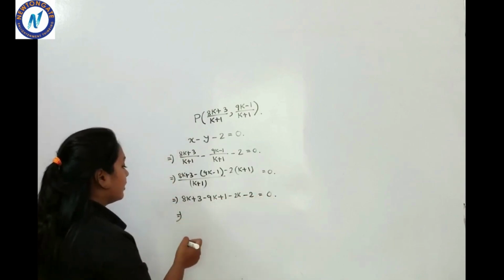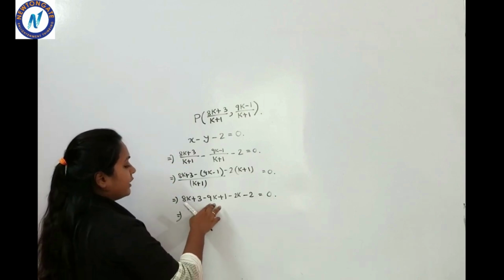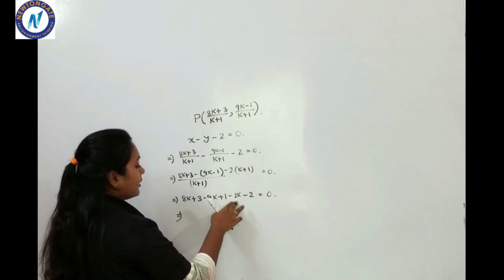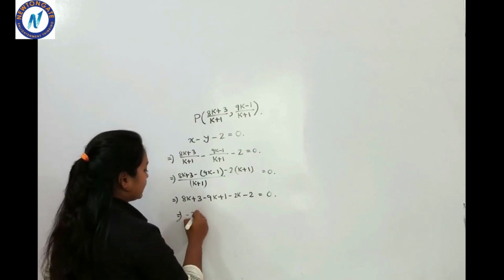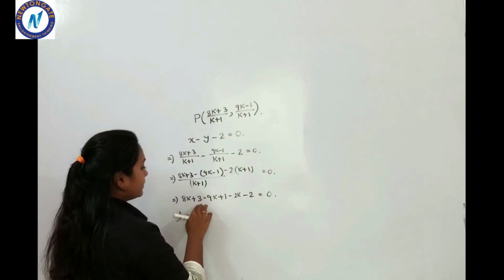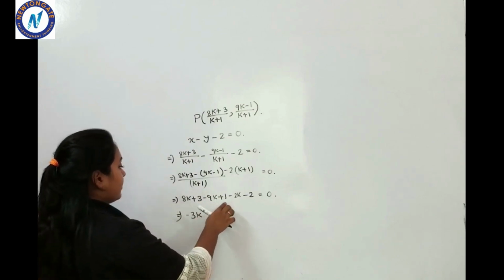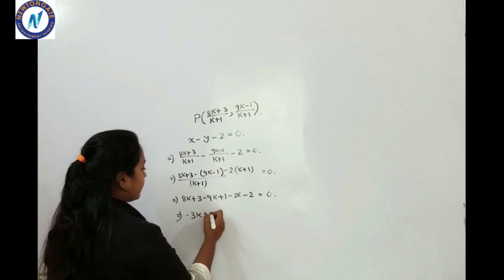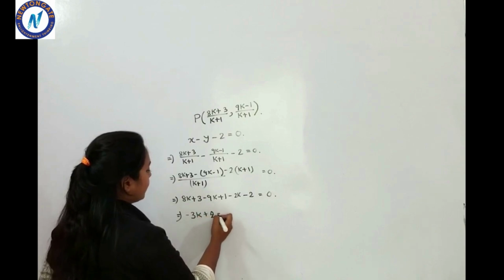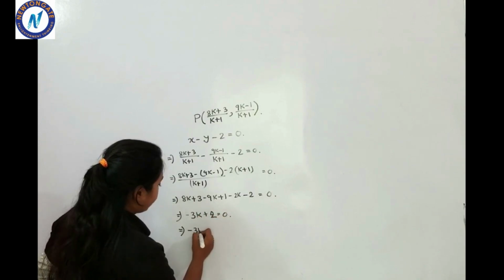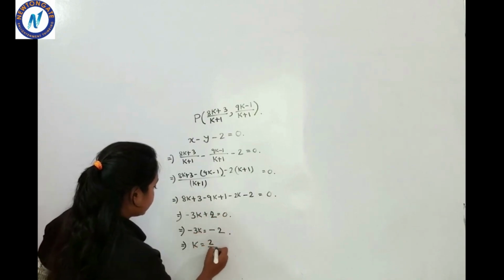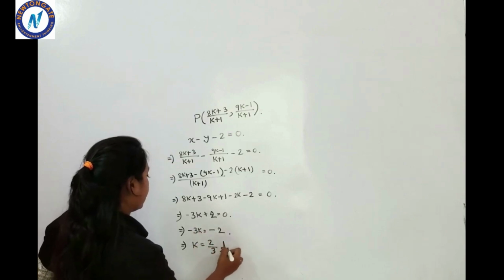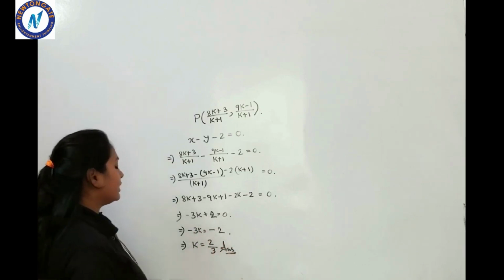Then we get 8k minus 9k minus 2k, that gives minus 3k, and 3 plus 1 is 4, minus 2, plus 2 equals 0. Then the value of k is 2 by 3, and that will be the answer of question number 6.